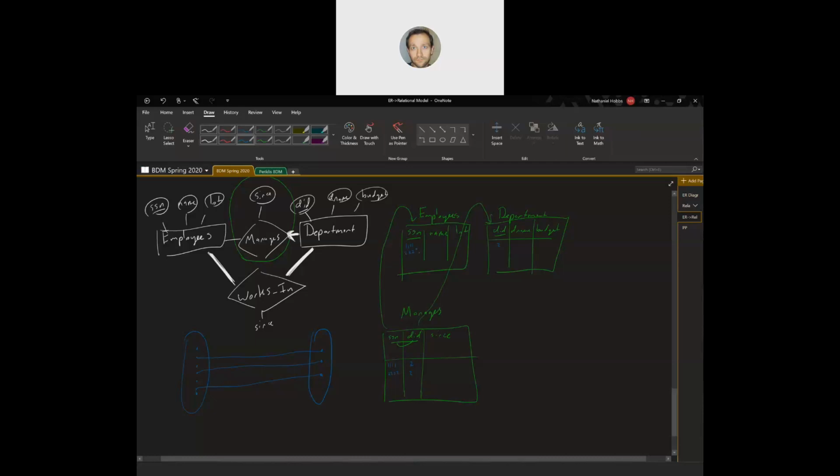Does this violate anything in this table? Yes, so this is okay for a composite key, but this violates this constraint in the ER diagram. It needs to have exactly one.